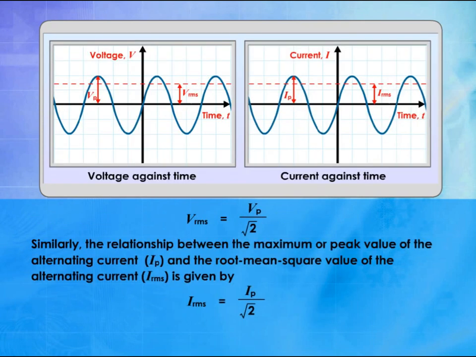Similarly, the relationship between the maximum or peak value of the alternating current, IP, and the root-mean square value of the alternating current, IRMS, is given by the root-mean square value of the alternating current is equal to the peak value of the alternating current divided by square root 2.